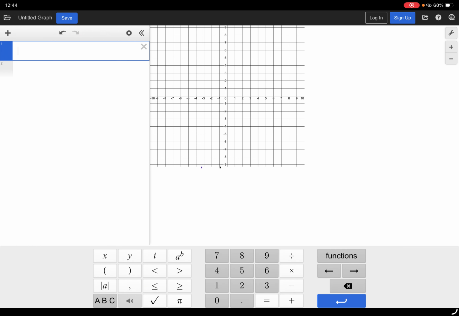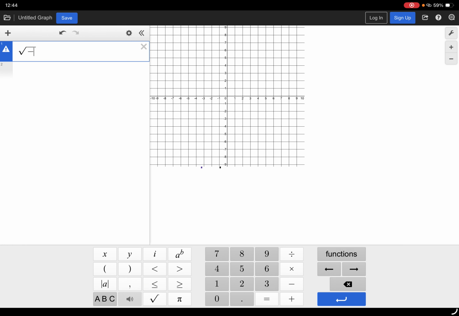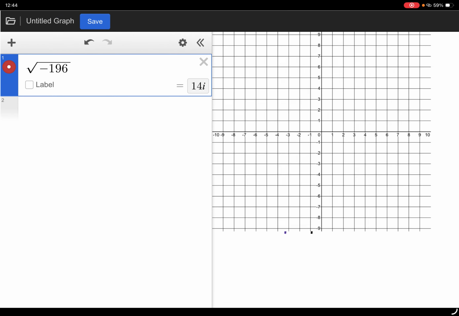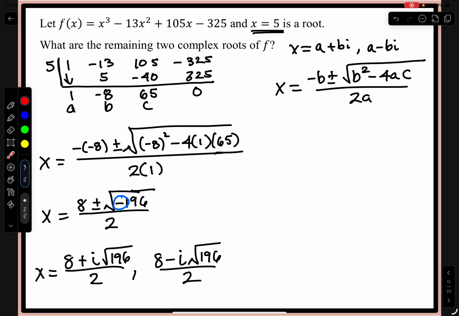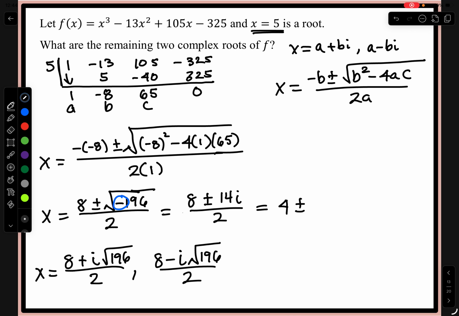When I type in the square root of negative 196, I see that my answer is 14i. So I can write this as 8 plus or minus 14i, divided by 2. Since both of these numbers are being divided by 2, 8 divided by 2 is 4, and 14 divided by 2 is 7, and this right here would be my other answer. So I can write it like that as well.